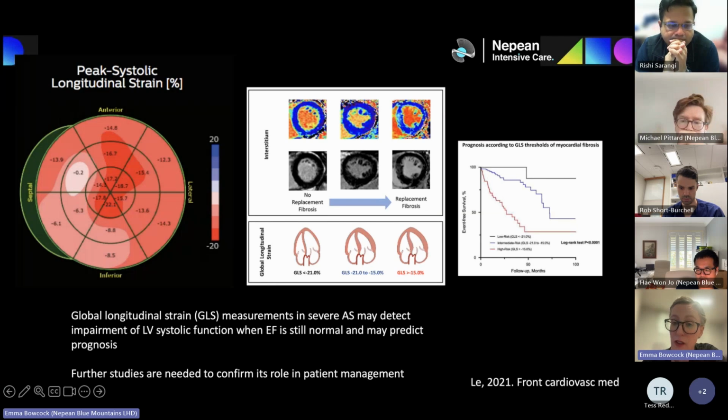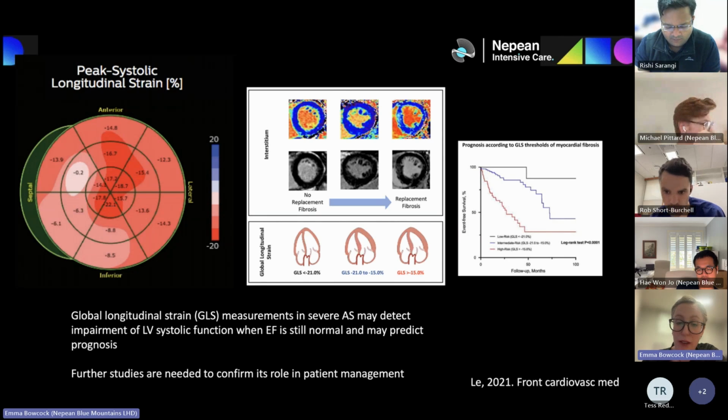Those with global longitudinal strain greater than -21 survived longer. Those between -21 and -15 had intermediate risk, and then those with global longitudinal strain of less than -15. We tend to use -16 as our cutoff for being normal here. So those around that figure had a much worse long-term outcome.